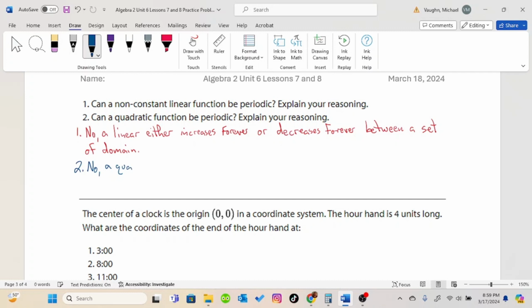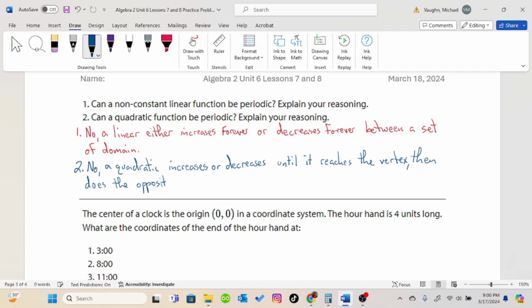A quadratic function increases or decreases until it reaches the vertex, then does the opposite. It never repeats.